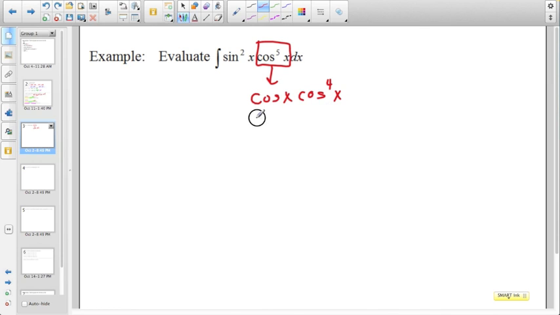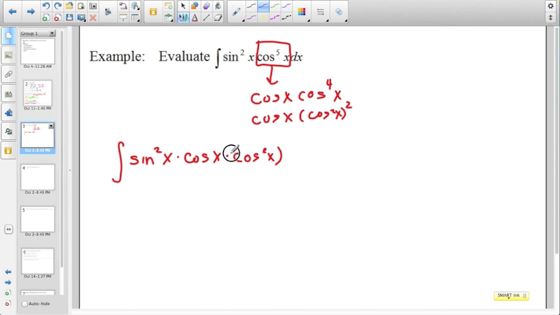And so that is going to be cosine x times cosine squared x squared, and this is what we're going to substitute out. So this integral then becomes sine squared x times cosine x times cosine squared x squared dx.